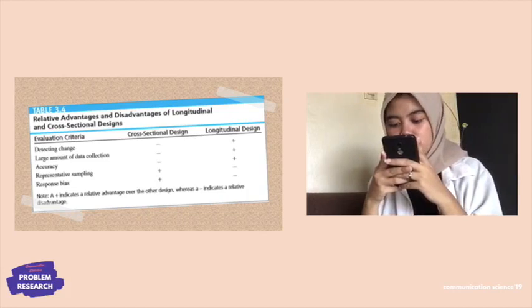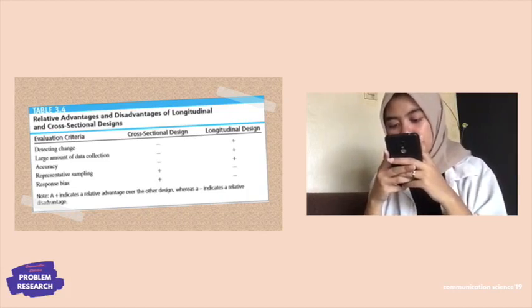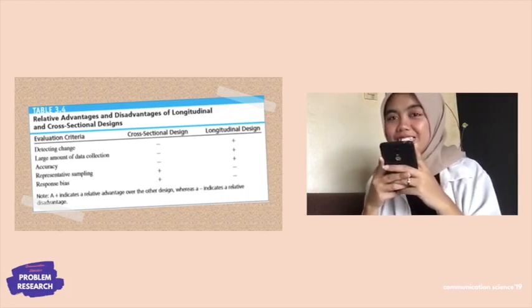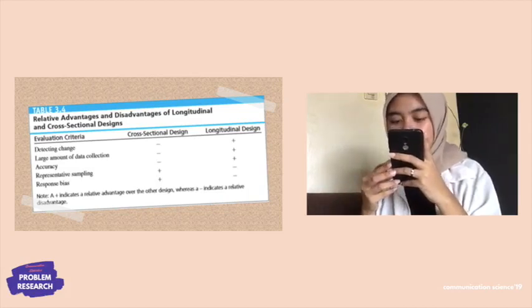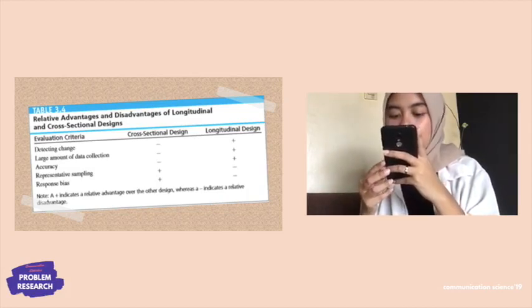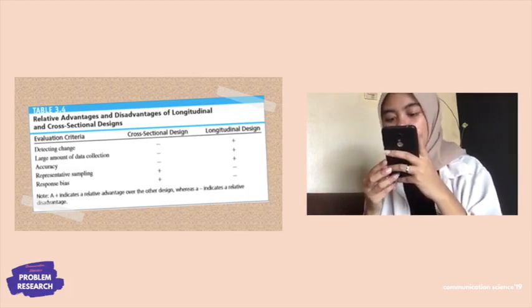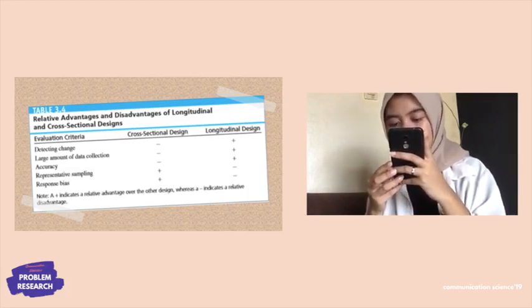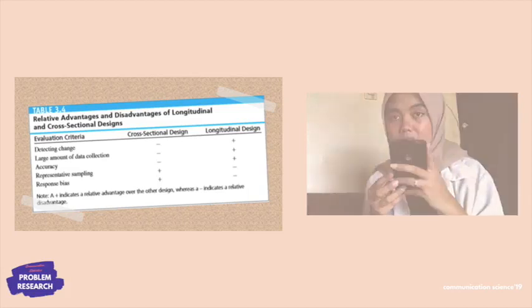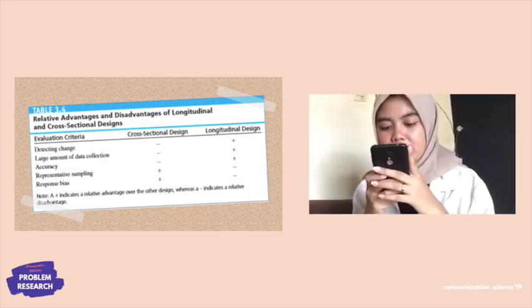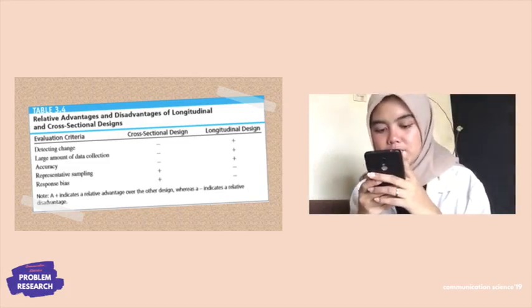Panel is used interchangeably with the term longitudinal design. A panel consists of a sample of respondents, generally households, that have agreed to provide information at specific intervals over an extended period.